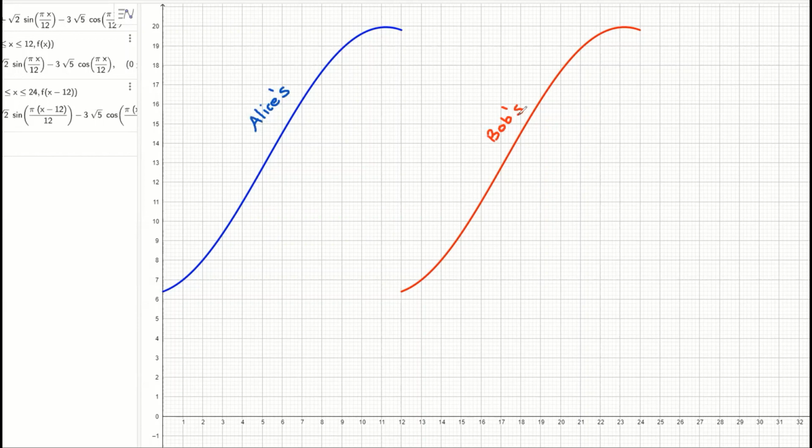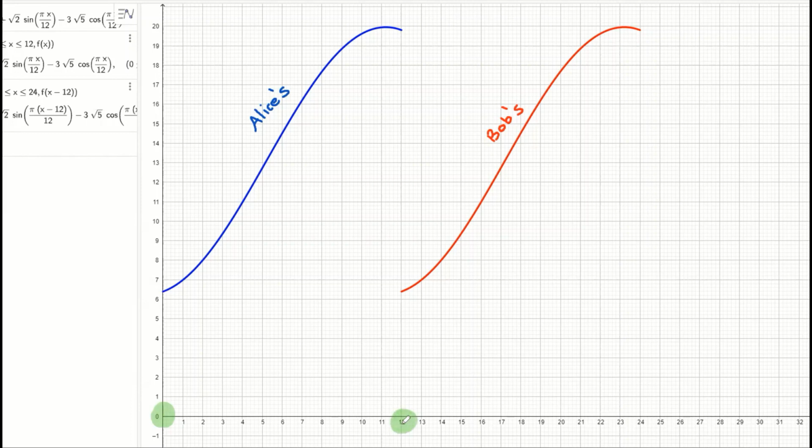So we've plotted both models. Well, you can see, of course, that Alice's model begins when t is 0. So this is the t variable here, but this t variable also coincides with the x variable. Okay, so if we just talk about this in terms of the same variable, as in t and x being the same thing, but measured across a whole 24-hour period, the x variable doesn't kick in until at the time t equals 12.